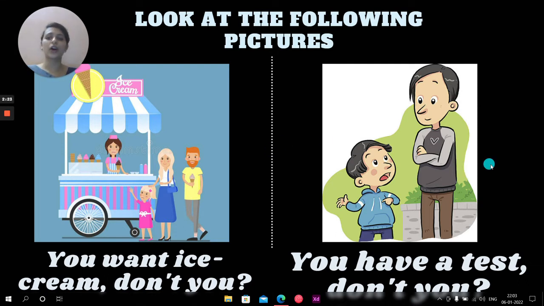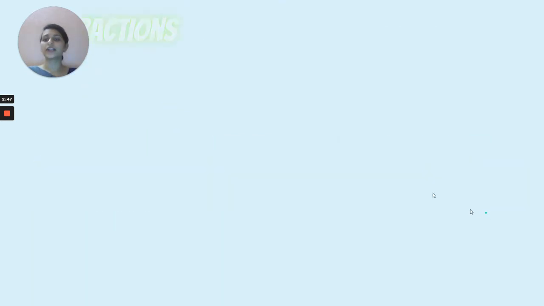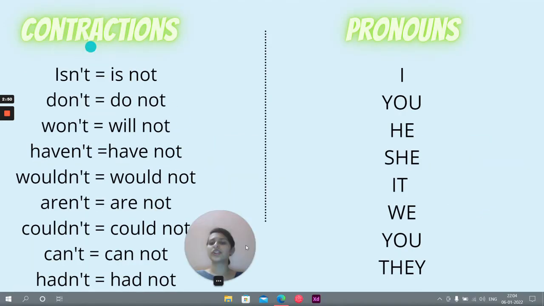Now, let's look at how we form question tags. A question tag is formed by having a statement plus n't, which is also called contractions. We will look at that in the next slide. Statement plus contractions, or n't, plus pronouns. So what are these contractions? Why is it called contractions?